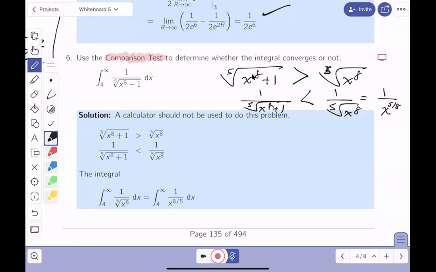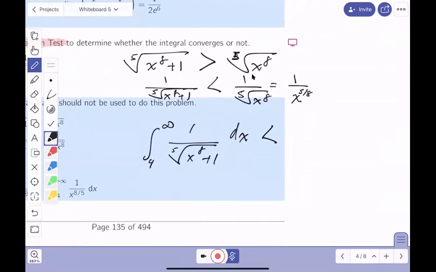And then the question comes, why would you do that? It's a comparison. So all I can say now is I know this. And again, this is a positive integral here, 4 to infinity, 1 over the 5th root of x^8 plus 1 dx is definitely going to be less than something.